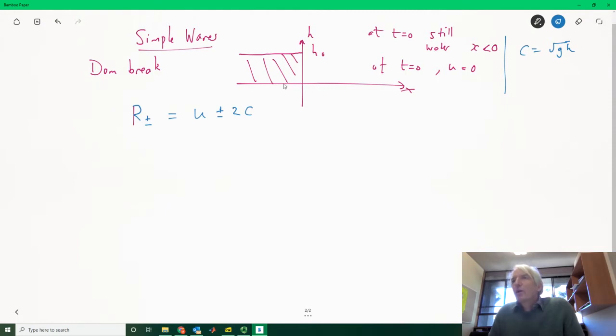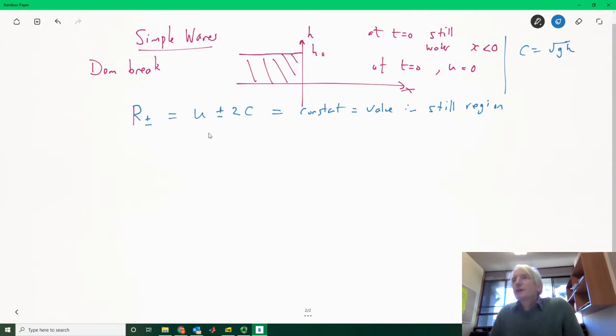So all the characteristics start in this region here. So this thing here is a constant, and it equals the value in the still region, because it can't change.